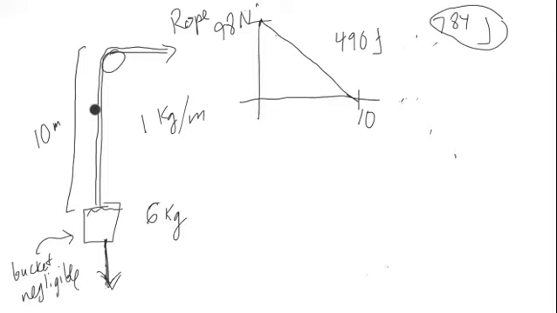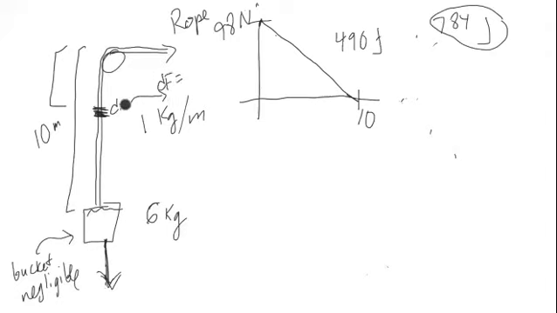But we're going to see how we can think about this in a different way. You notice how this rope is made up of lots of different pieces, and what if we just look at a little piece of rope at a time? What do we know about this little piece of rope? Well, it has a certain distance to travel to get to the top, and we can think about this length right here as being a little piece of distance dx. What is the amount of force right at dx? We'll call that a little piece of force.